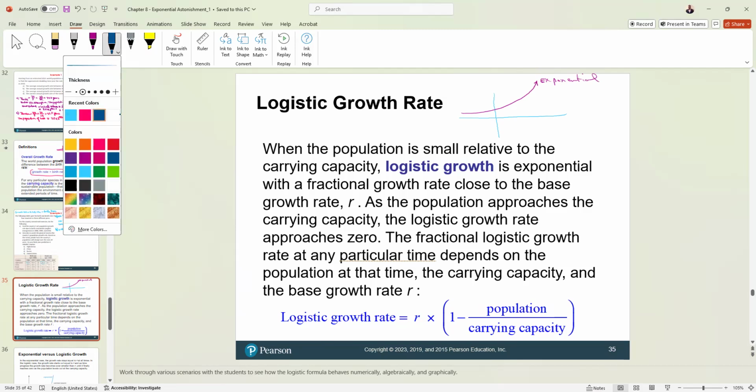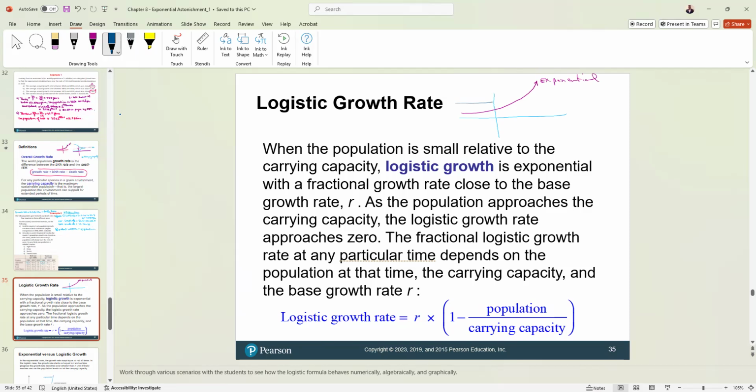Let's suppose our carrying capacity is that line. We call the carrying capacity sometimes M, right?